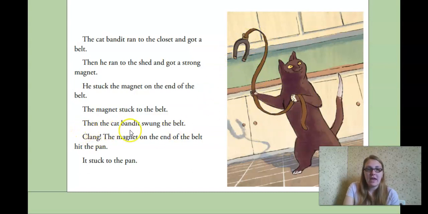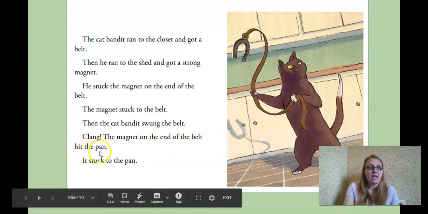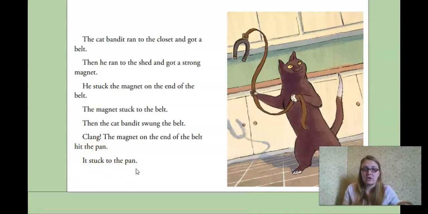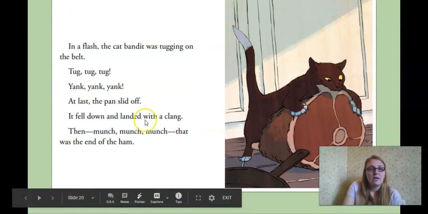Then the Cat Bandit swung the belt. Clang! The magnet on the end of the belt hit the pan. It stuck to the pan. And if you don't know, magnets will stick to certain metals. So it stuck to the pan.